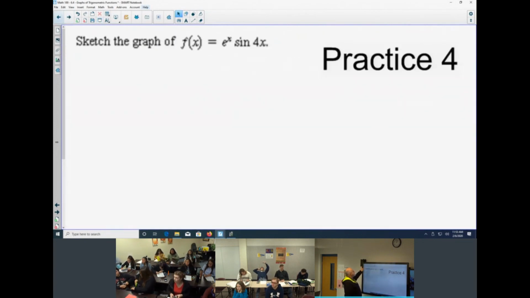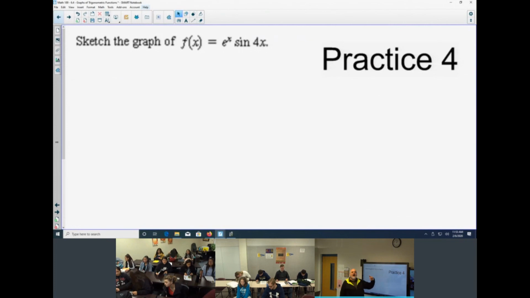So for this one, what up there is the damping factor? E to the x. So this function in front. If you were going to graph this with the damping factor, in your calculator for y1 you just type in the original function.